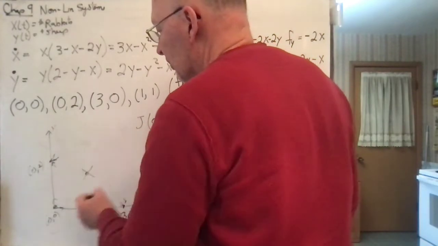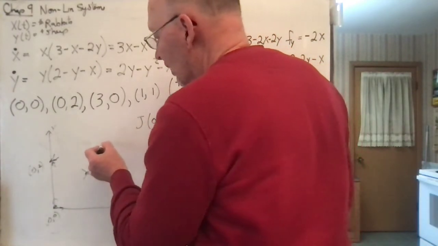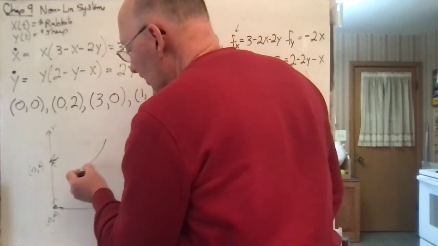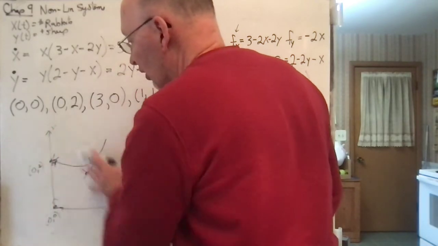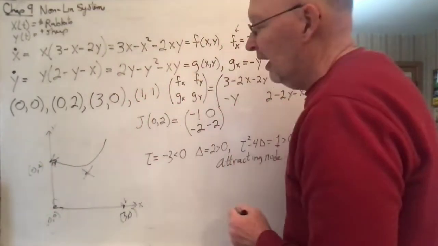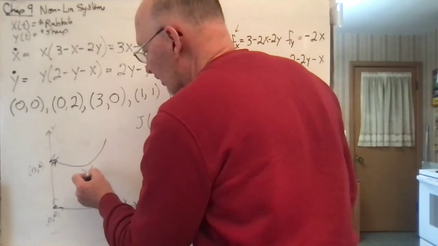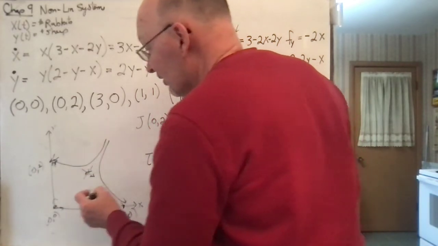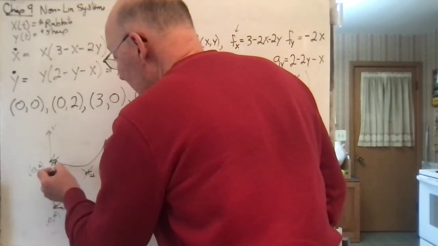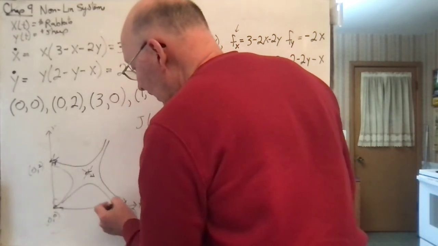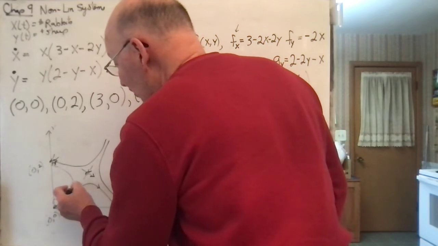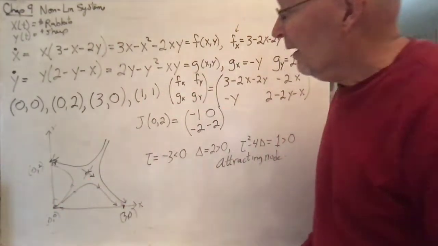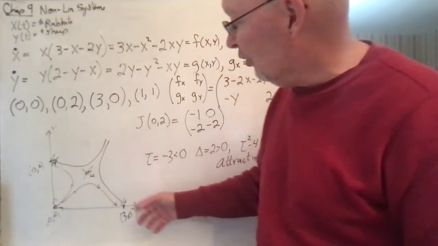So you put all this behavior together, and then you see what the trajectories do. This is called the phase portrait. It's going to come in along here, you're going to go out along this one, and so it's going to go like this, and these are going to go like this, and kind of go like that.